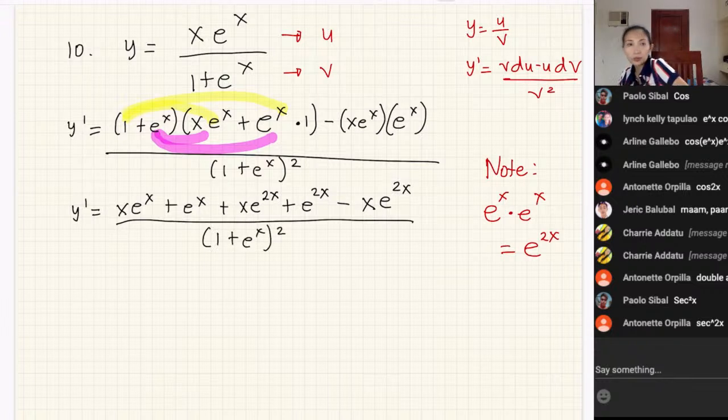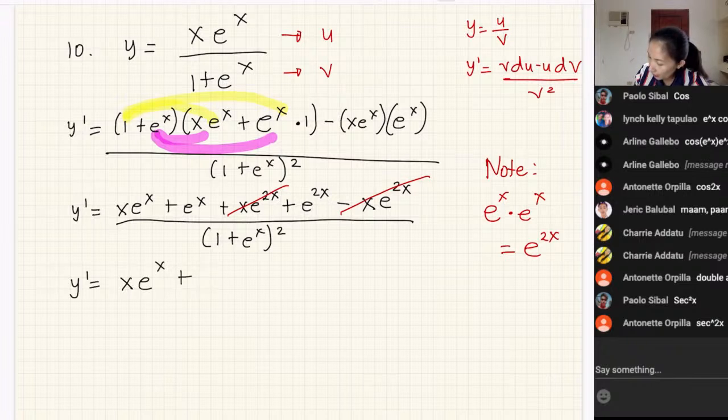Are there terms that we could cancel out? I think we could cancel out this and this. So what will remain in our numerator? Our numerator will have x e raised to x plus e raised to x plus e raised to 2x all over 1 plus e raised to x squared.